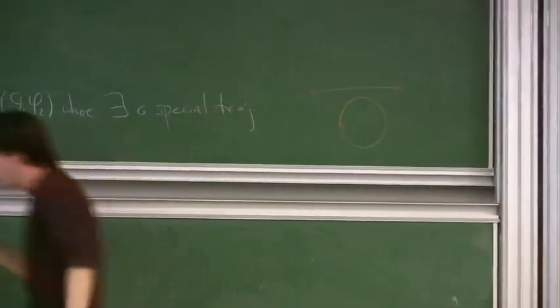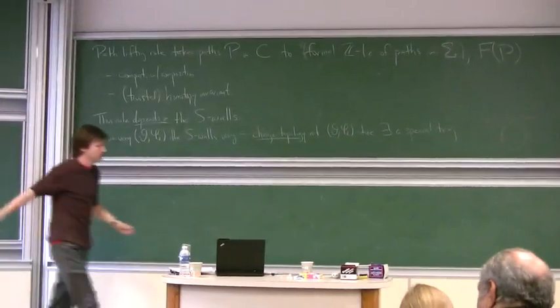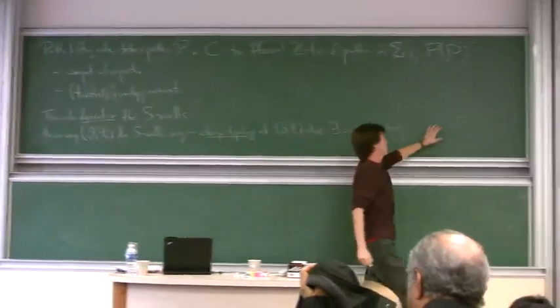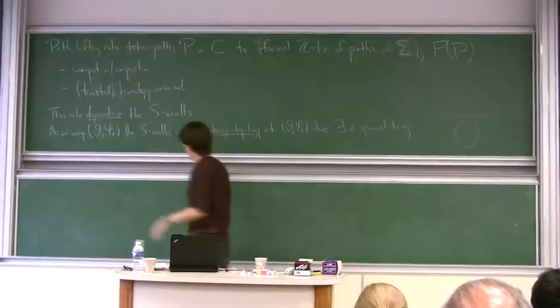Okay. So the idea is now to use this kind of topology change to study these special trajectories, in particular to prove this wall crossing formula, which I stated last time and won't restate now.